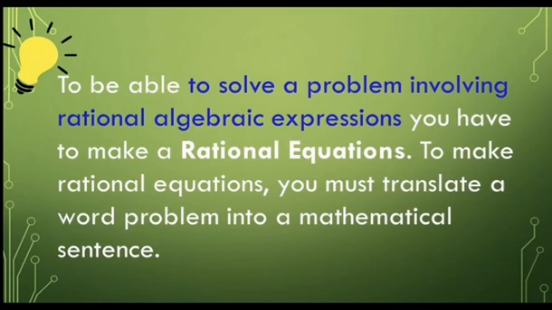To be able to solve a problem on rational algebraic expressions, you have to make a rational equation. To make rational equations, you must translate a word problem into a mathematical sentence.